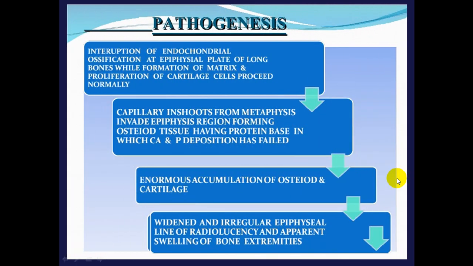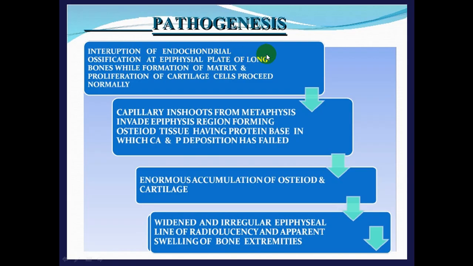So this is the brief pathogenesis of osteomalacia and rickets. It means that there is interruption of the ossifications in the facial bones.